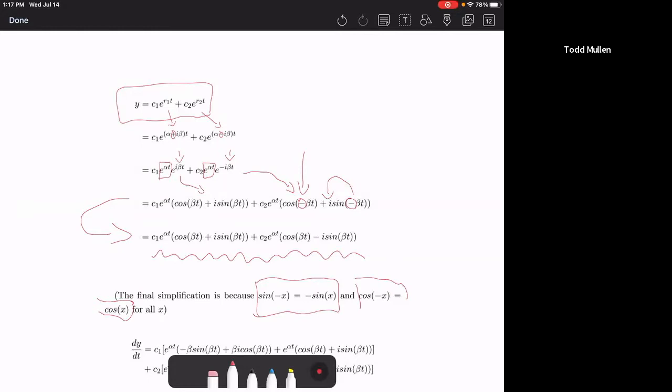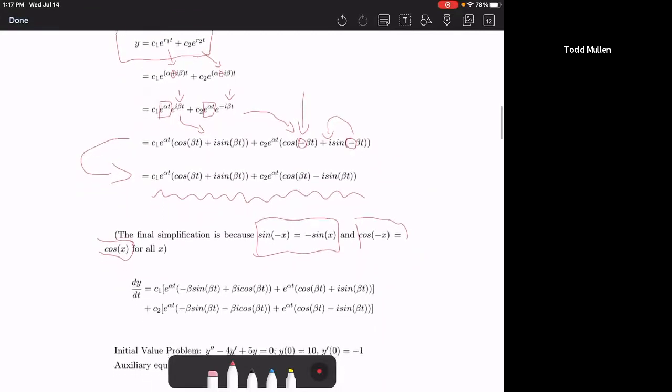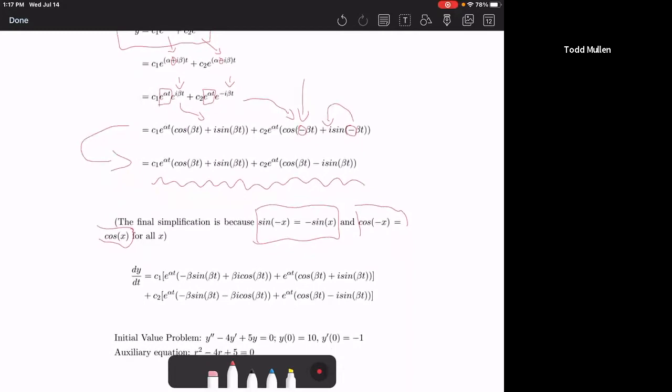Now, when we're dealing with these differential equations, we're going to need to know what the derivative of this y is. And this gets a little bit messy, but we'll give it a shot. There is quite clearly going to be a product rule here, because when we're taking the derivative, we have our function e to the alpha t times some function in terms of t.